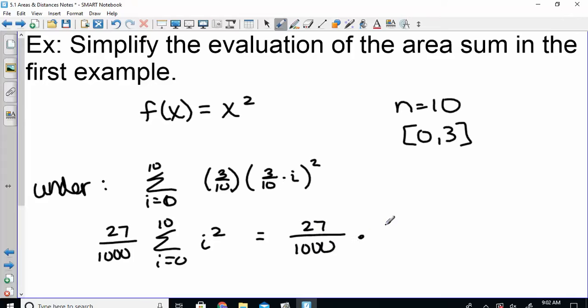And the i squared formula is n, which is 10, times n plus 1, which is 11, times 2n plus 1, 21, over 6. So let's see what we get when we do that.